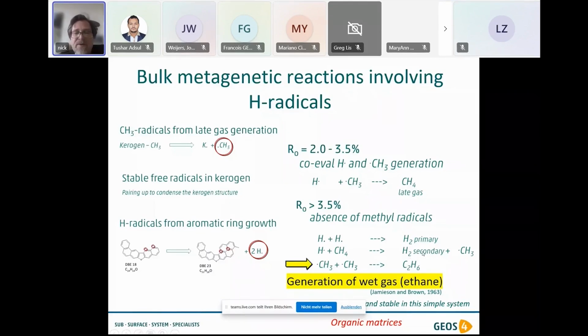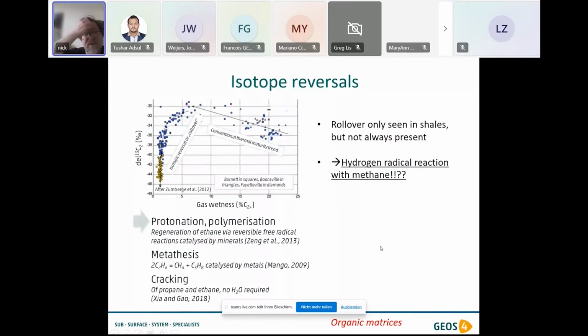This might be a very important mechanism that could explain isotope reversals, or the rollover of the stable carbon isotope of ethane seen in many shales, which nevertheless are not always present.